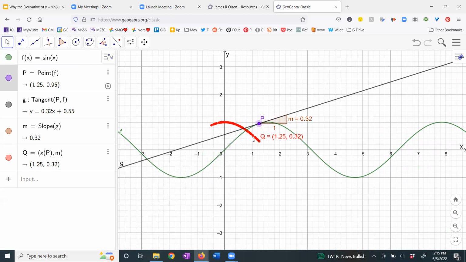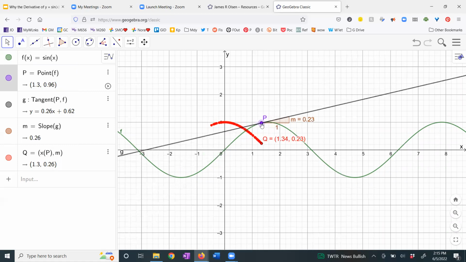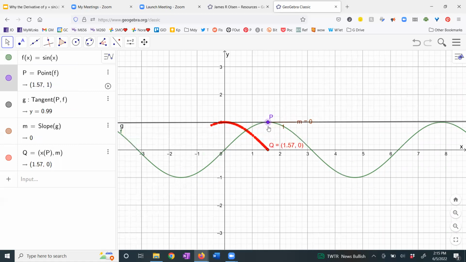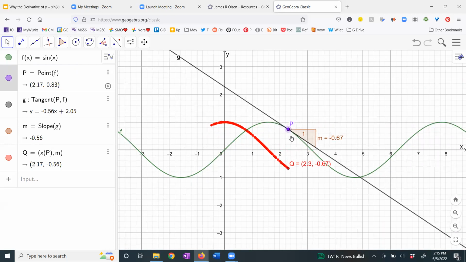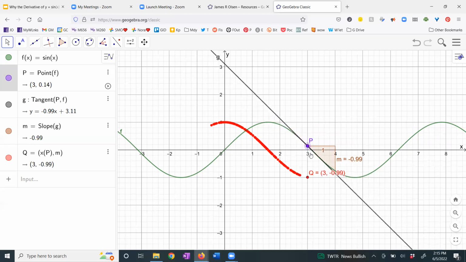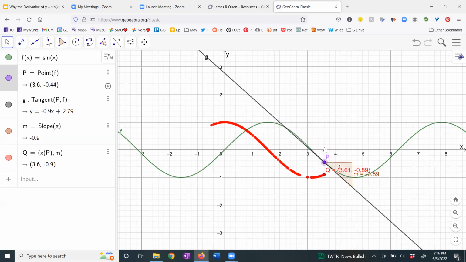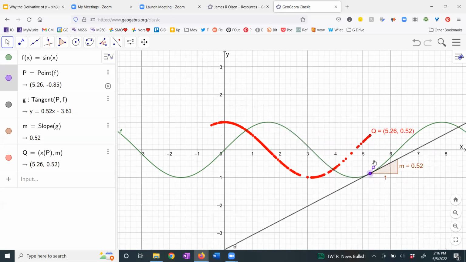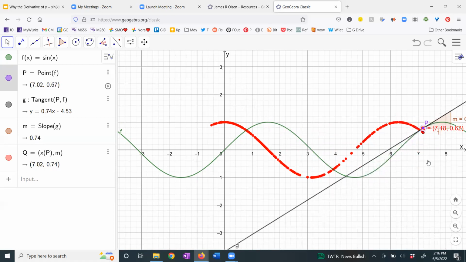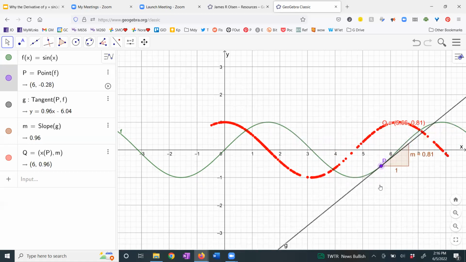We're tracing out the slope values. The slope is getting smaller, smaller, smaller. When P gets up to this top point, the slope should be 0. Right there. And now the slope turns to negative, and it's a thing of beauty. Right here, we have a slope of -1, so the derivative is having a minimum there, and so on. This is tracing out the derivative.